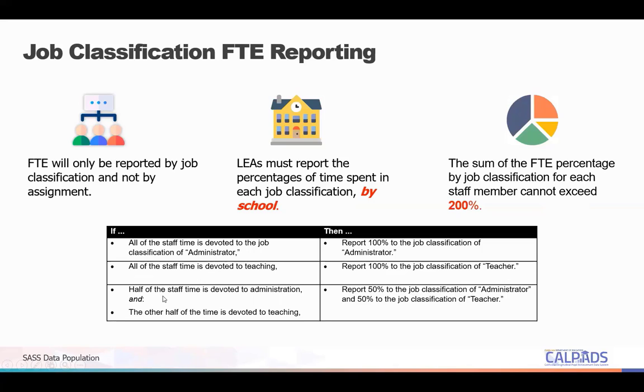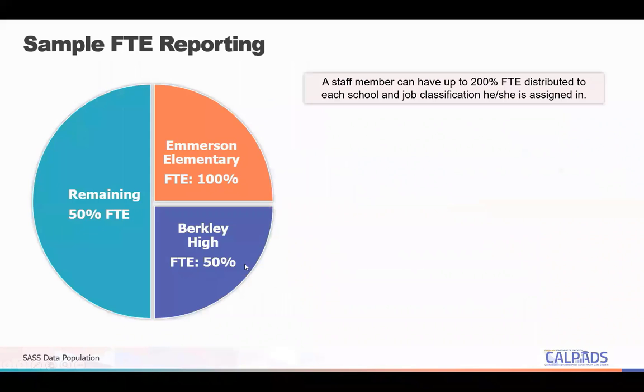Now, if half of the staff time is devoted to admin and half is devoted to teaching, then report 50% to the job classification of administrator and another 50% to the job classification of teacher at that school.